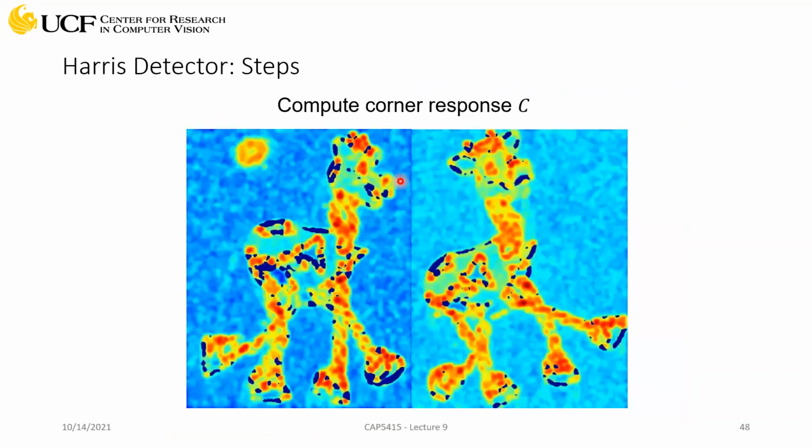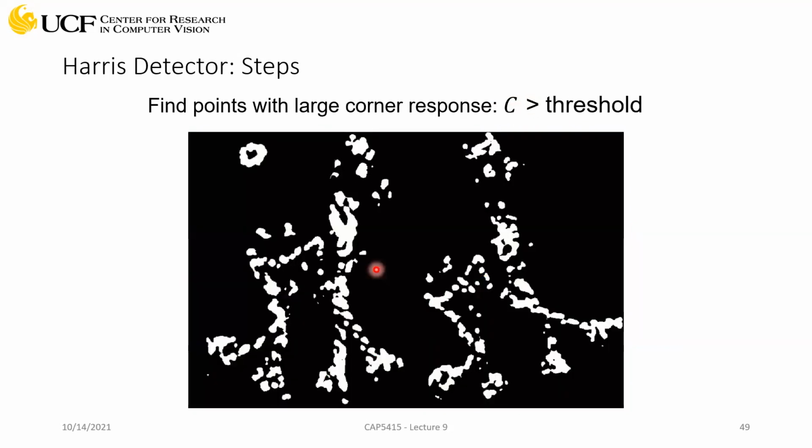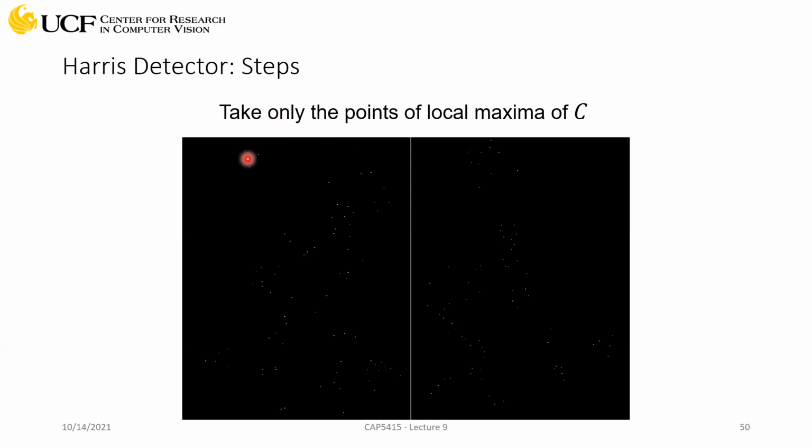So if we run that Harris corner detector, this is the response you get. So this is the response value C for each of the locations, and you can use a threshold. So you're just doing filtering, right? So these are your corners, and then you perform non-maximal suppression, because you can't have a big region as a corner, right? So you will get something like this.